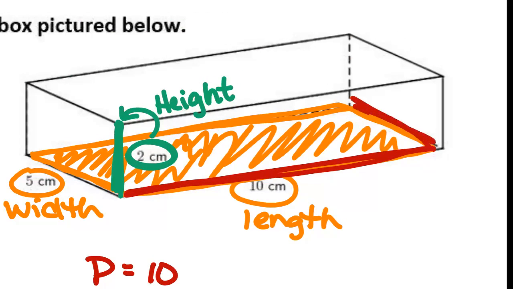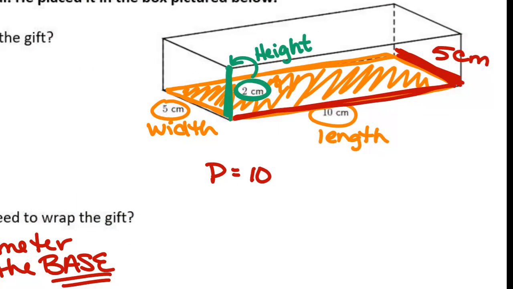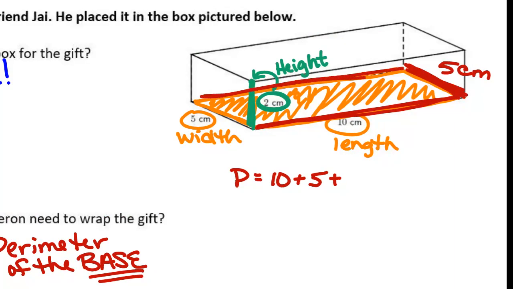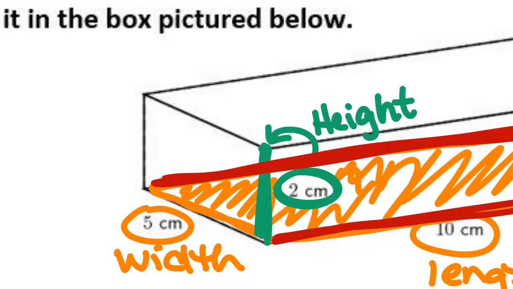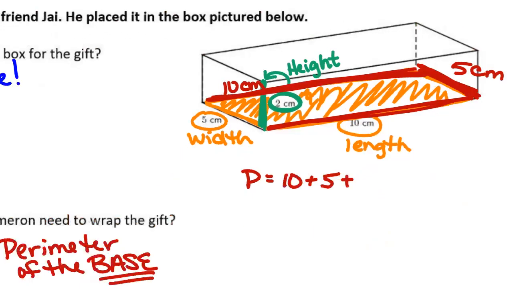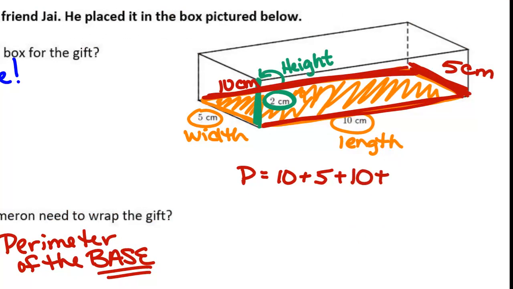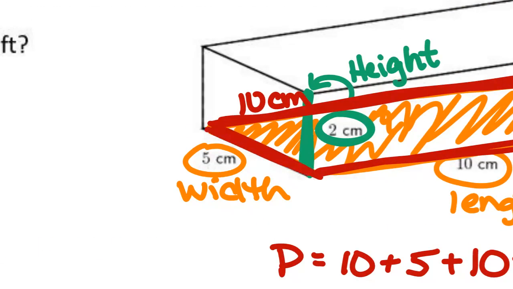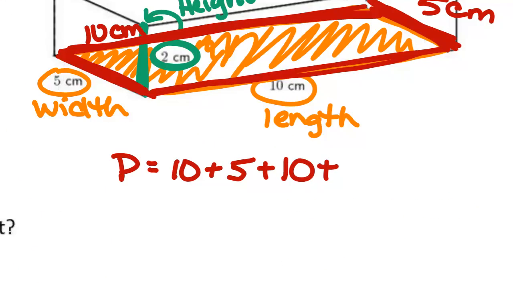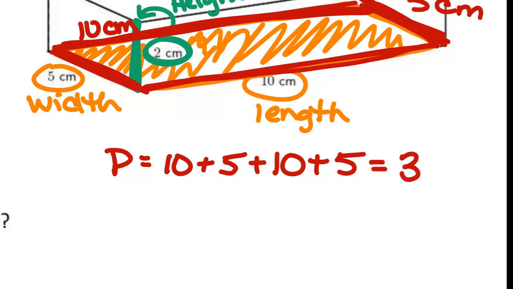How big is this side over here? 5. So 10 plus 5 plus how big is it back here? That'd be 10. Plus this left side over here, which is how big? Another 5. So 10 plus 5 plus 10 plus 5 would give me a perimeter of what? 30 centimeters.